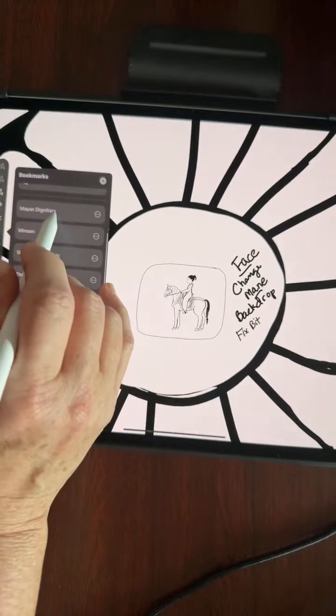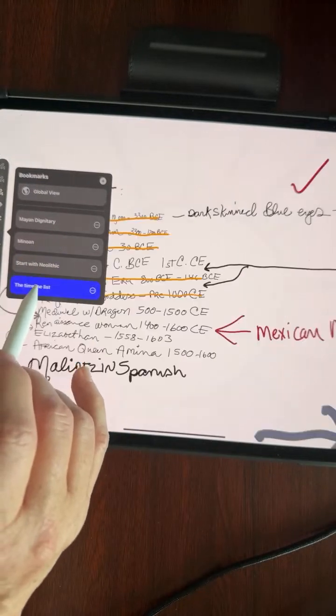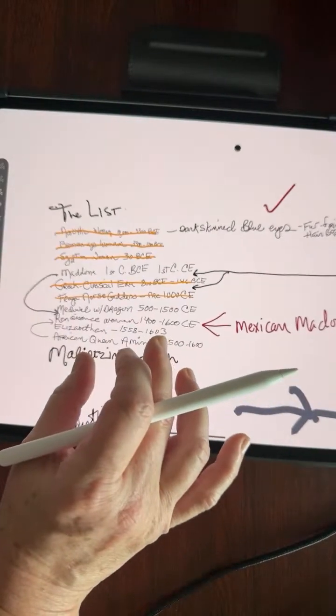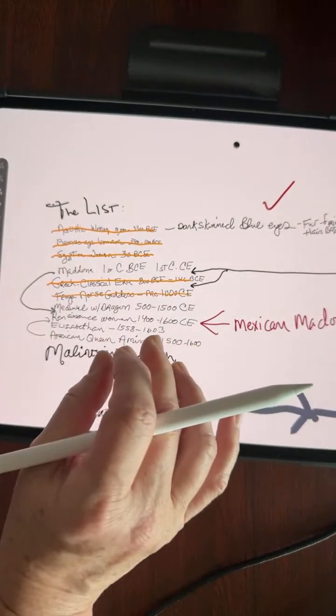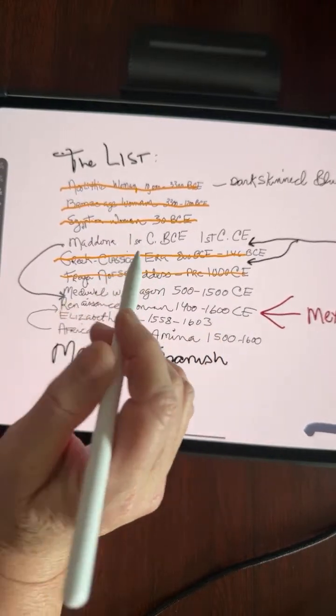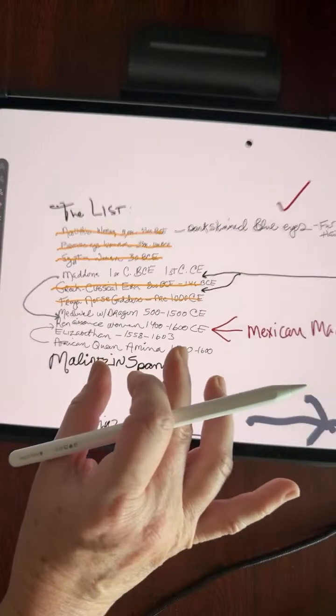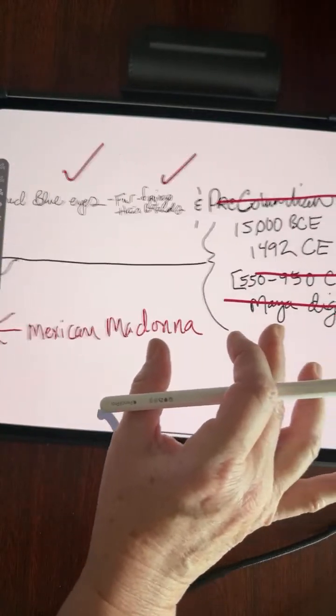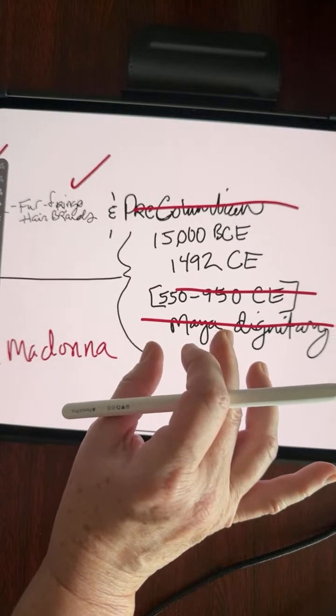And if I go to my timeline list, I keep changing and adjusting it, and I'm crossing things off. Okay, I realized that I want to do a Madonna somewhere here. How can you do the history of women's fashion and art and clothing without including a Madonna?